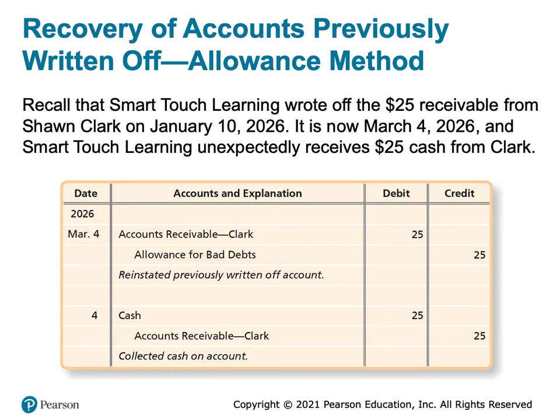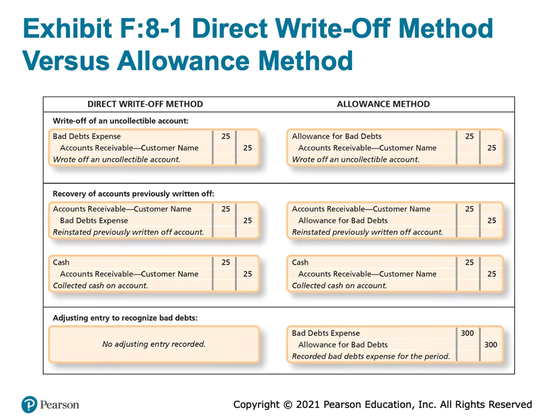So if our company writes off a customer's bad debt and then that customer happens to pay, just like the direct write-off method, we have to reinstate it and then show the cash collection. But instead of doing what we did in the direct write-off method with bad debt expense, we will debit accounts receivable, credit allowance for bad debts, and then show the cash collection in the next journal entry.